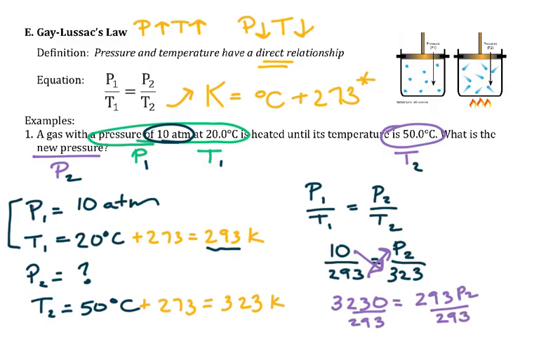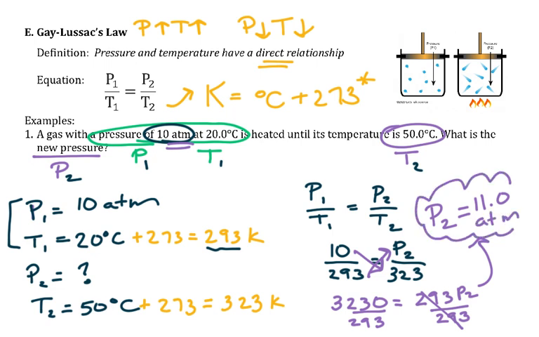So 3230 divided by 293. And then we're gonna get that P2 equals, I got 11.02, I'm gonna go 11.0, and then pressure, what is the unit on pressure? Well, our standard unit is atm. It's gonna match that pressure from before, so 11 atm is the pressure after.